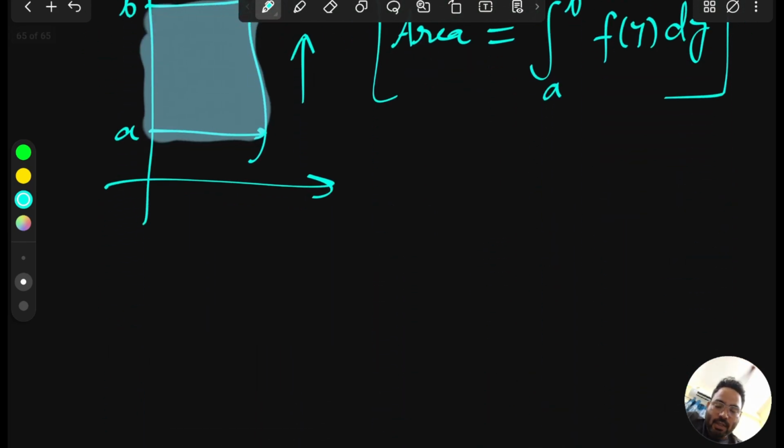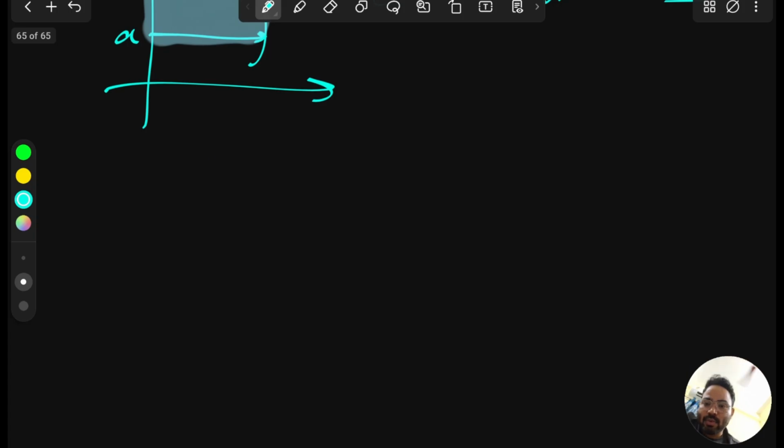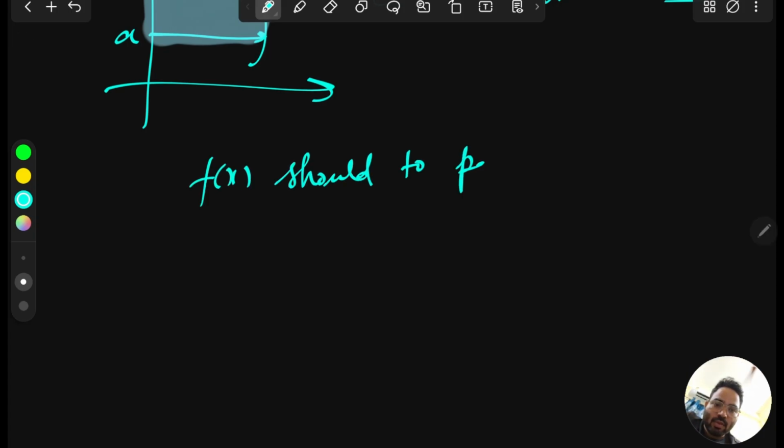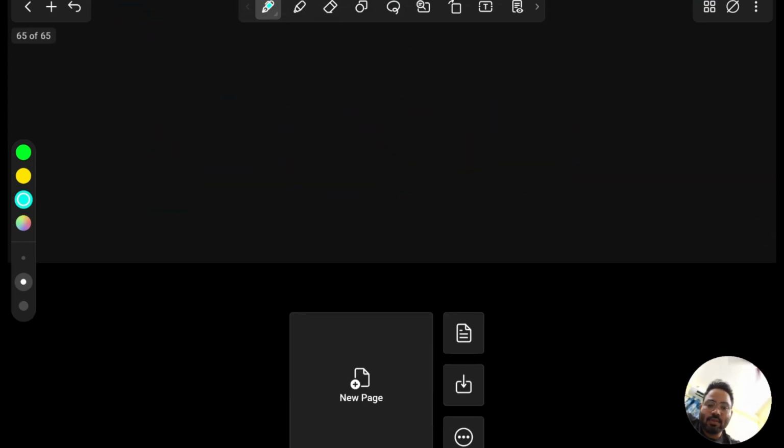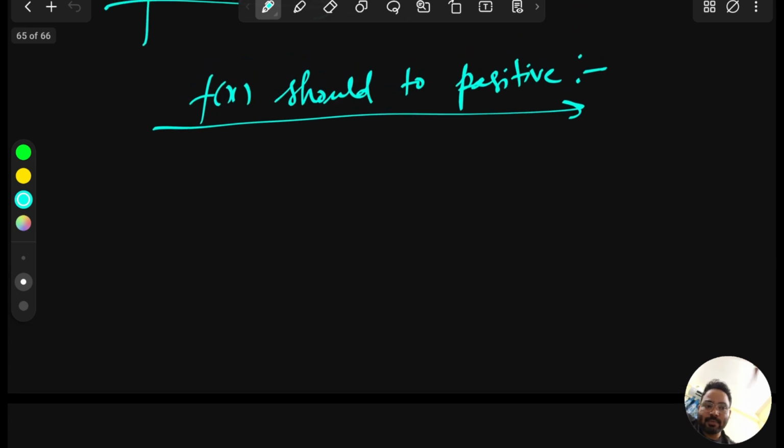Now you have to understand one more thing: f(x) should be positive. Most of the questions we will do along the x-axis, so I just want to tell you the concept related to the x-axis only.